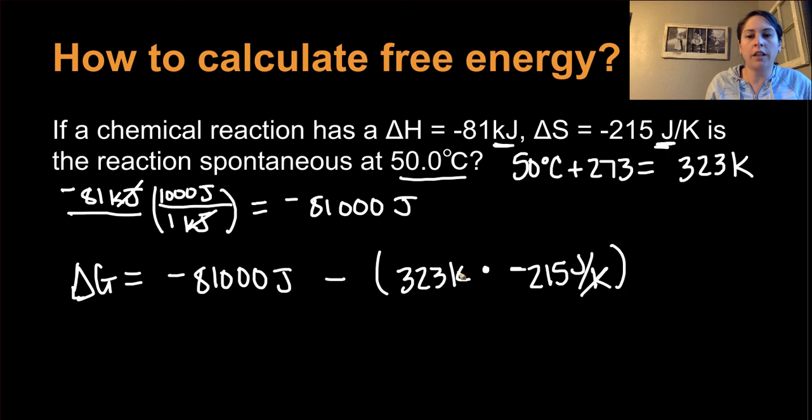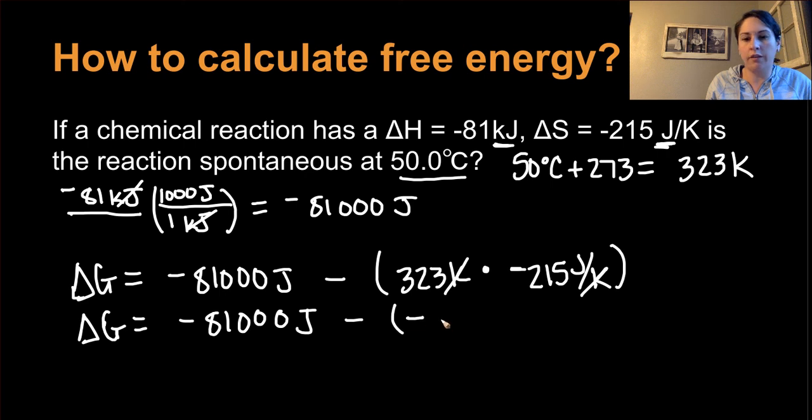So Kelvin's going to cancel, and I'm going to end up with a delta G value of negative 81,000 joules minus, and this number here ends up being negative 69,445, and that's also in joules.